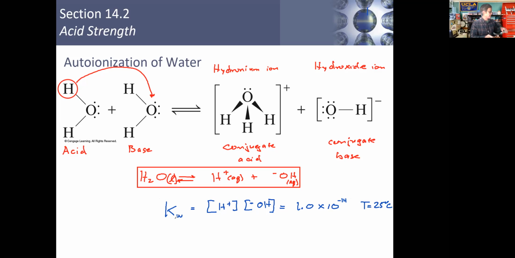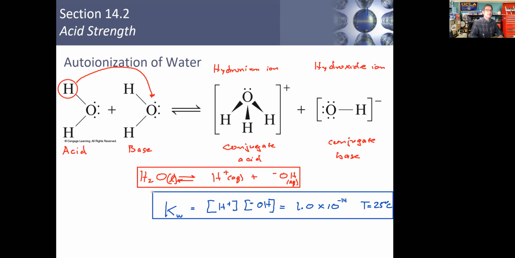So this is the equilibrium constant for the dissociation of water. That's what we refer to as Kw, and Kw is a constant number. It is equal to 1 times 10 to the minus 14. This is always going to be constant as long as the temperature is 25 degrees Celsius. Remember, we talked about how equilibrium constants are dependent on the temperature, and that holds true for Kw as well.